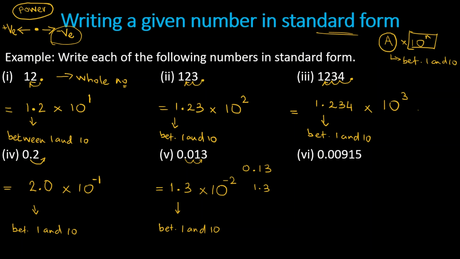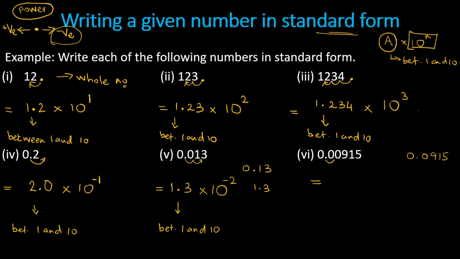Let us see the sixth part, 0.00915. Let us move the decimal to the right until we reach a number between 1 and 10. Here we have reached 0.0915. Do we stop?